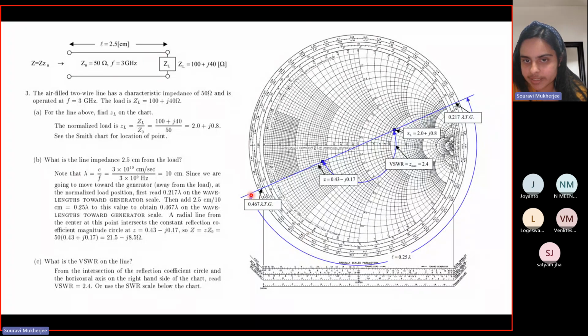You go to this point, extend it further to the SWR circle. This gives you the impedance at a distance of 2.5 centimeter from the load. This is again the VSWR where it cuts the resistance line. You can measure it using this scale that you have, or you can measure it directly.